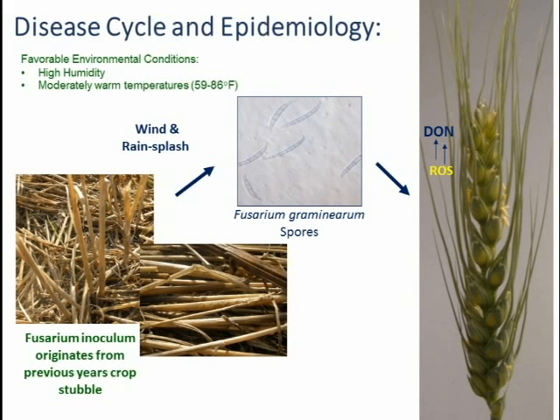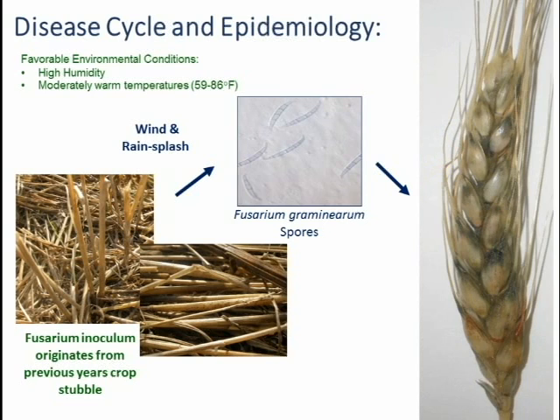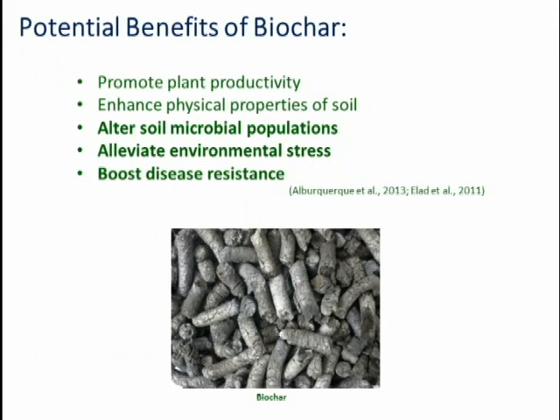So within the context of that disease cycle, if we look at the benefits that biochar promotes: the health, growth, and productivity of the plant, and enhances the physical properties of the soil. And most importantly, these last three can alter the soil microbial population, alleviate environmental stress factors, and boost disease resistance.